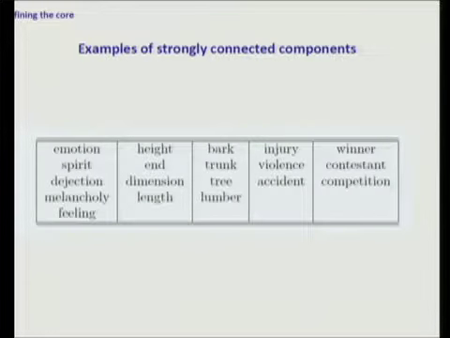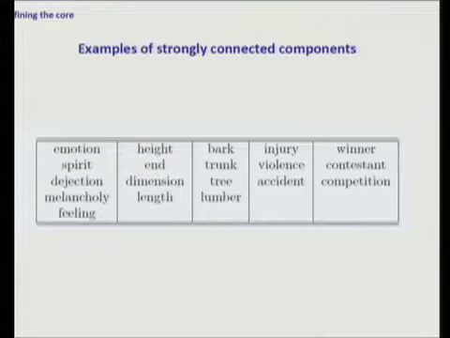So here are some examples of strongly connected components. So the core is not one strongly connected component, but it's composed of a bunch of them. And you see that they have a certain common concept or meaning in all of them, right?